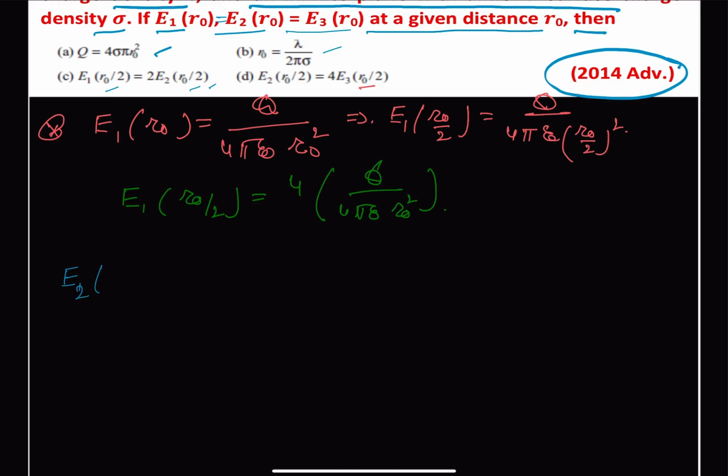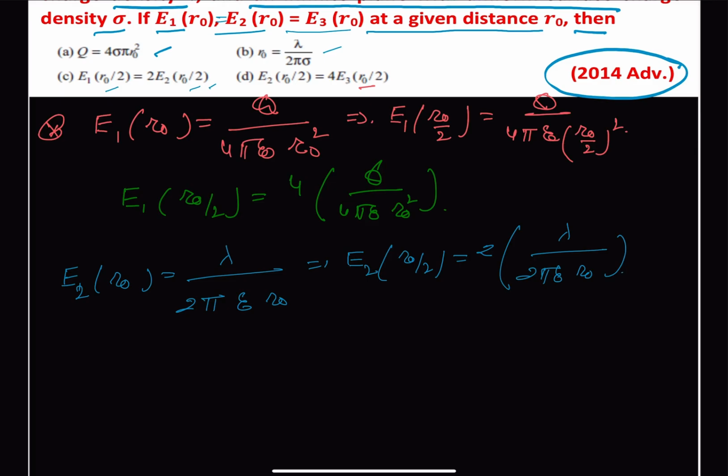We get E2 at R0 equal to lambda divided by 2 pi epsilon naught R0, and from here E2 at R0 by 2 will be equal to 2 times lambda upon 2 pi epsilon naught R0. E3 at R0 will be equal to sigma upon 2 epsilon naught, so E3 at R0 by 2 will also be sigma upon 2 epsilon naught.